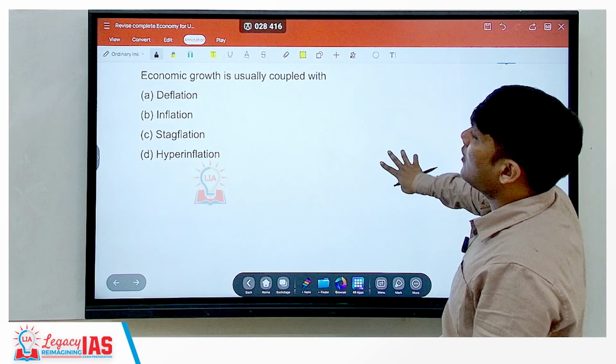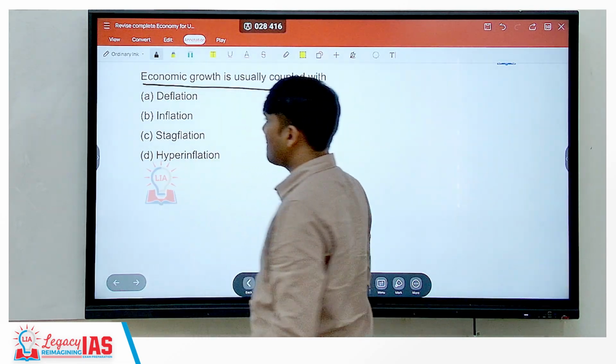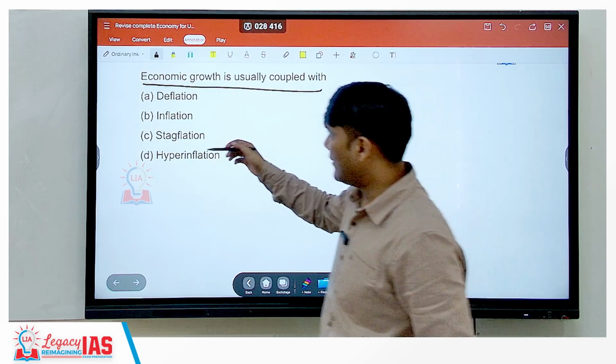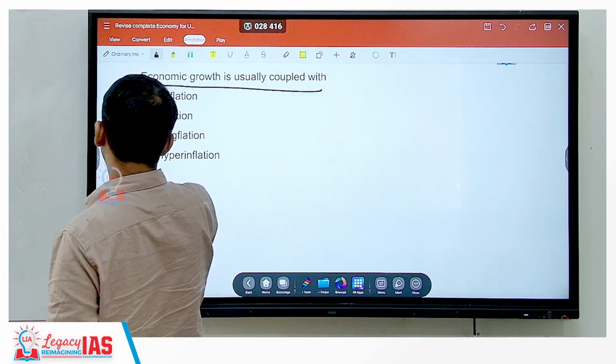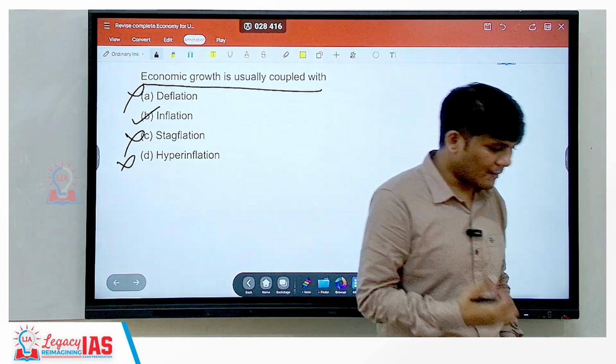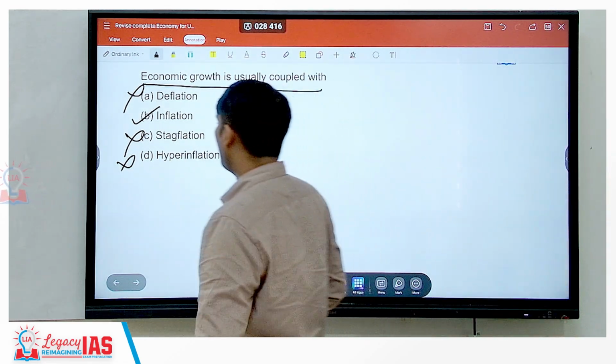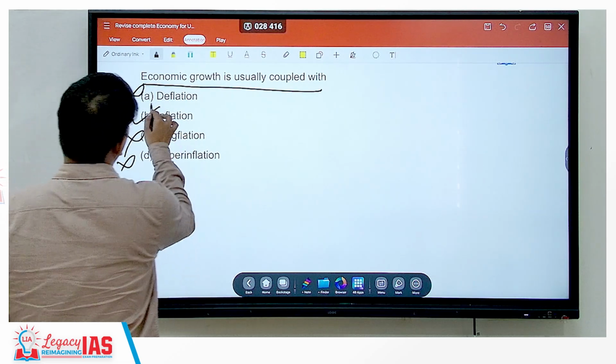Next, economic growth is usually accompanied by deflation, no. Stagflation, no. Hyperinflation, no. Inflation, yes. It is generally accompanied by inflation, remember this. But now we have been introduced to a new concept. The new concept is that of deflation.